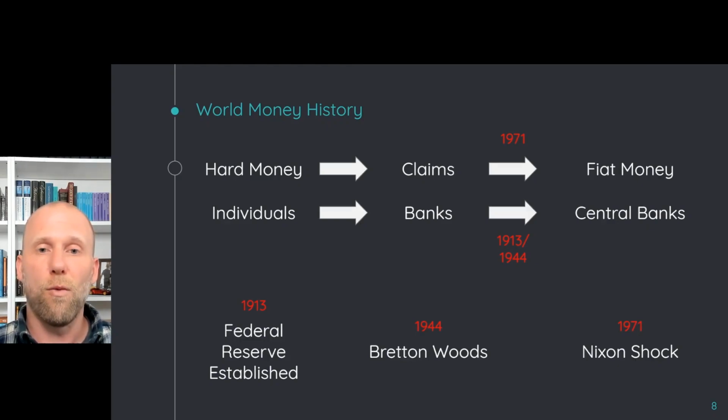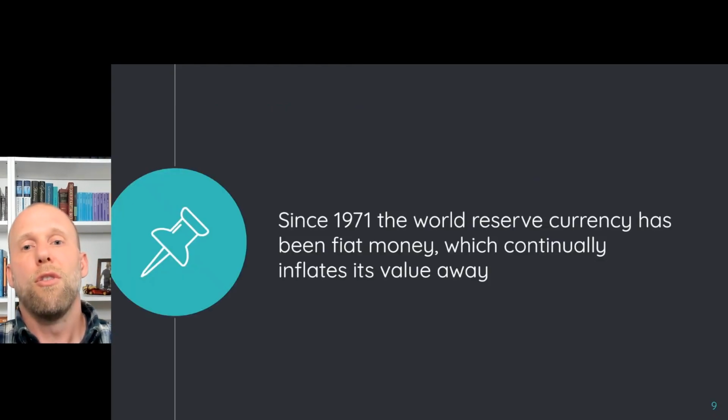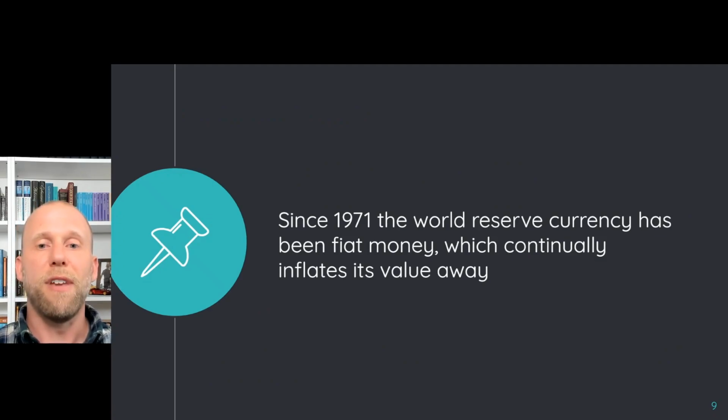Since 1971, the world reserve currency has been fiat money, which continually inflates its value away. And this is a big idea I want you guys all to understand, that since 1971, essentially the entire world has been on a fiat money system because the world reserve currency switched from being claims money to fiat.